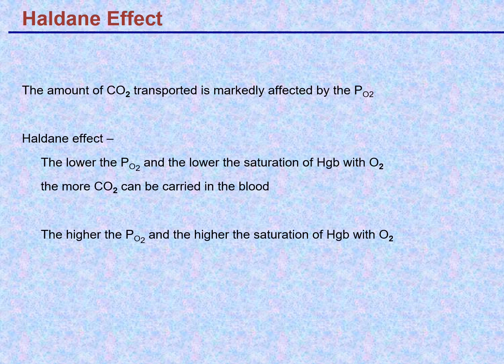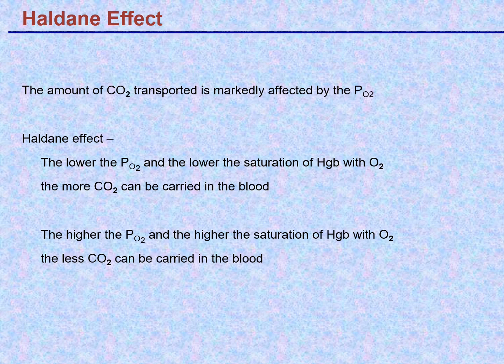Okay, there is an important physiological effect on the amount of carbon dioxide that can be transported by hemoglobin, which is determined by the surrounding PO2. I remind you that PO2 is important for hemoglobin carrying oxygen.